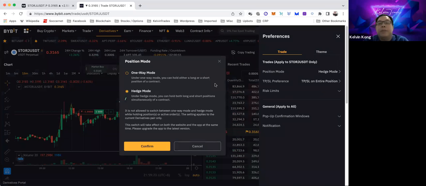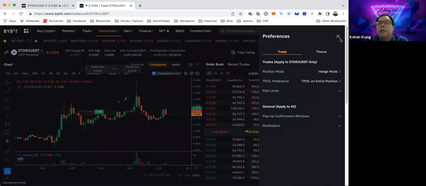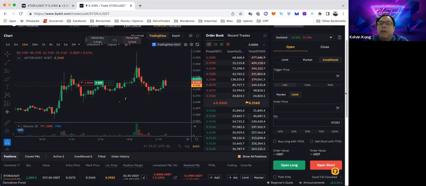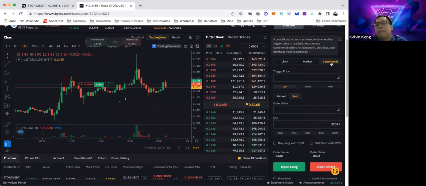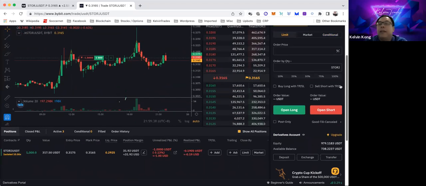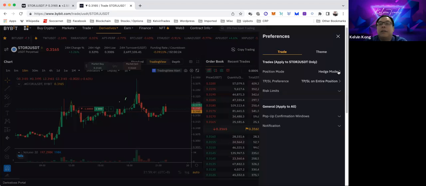Because if we use hedge mode, we can't use the conditional order to set a stop loss. Unfortunately, this is hedge mode.